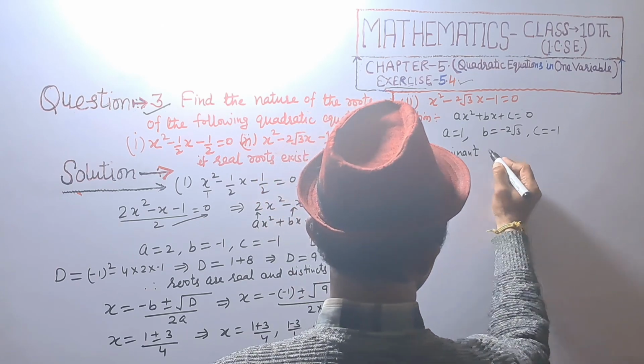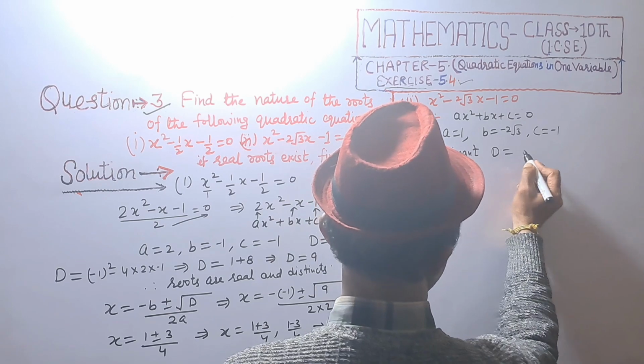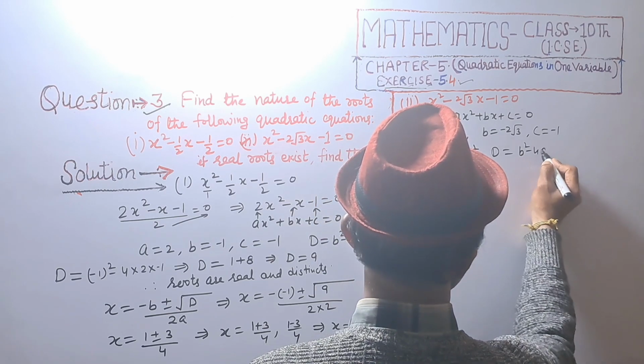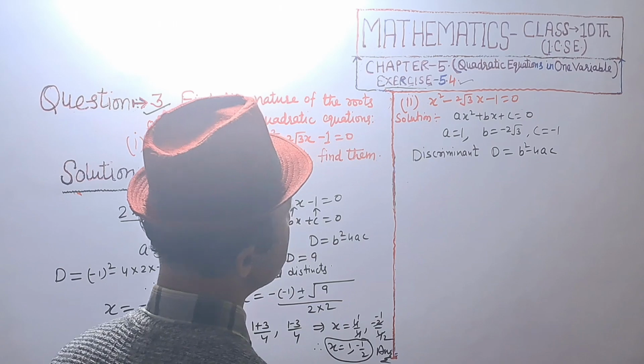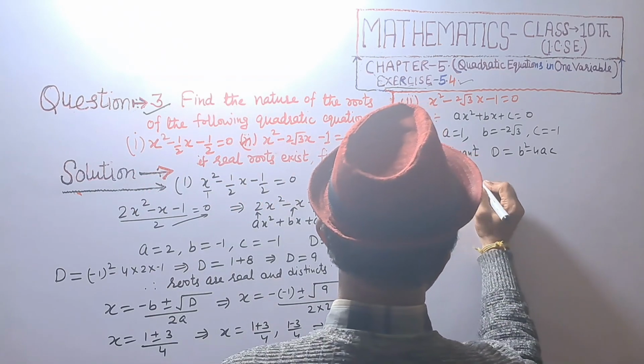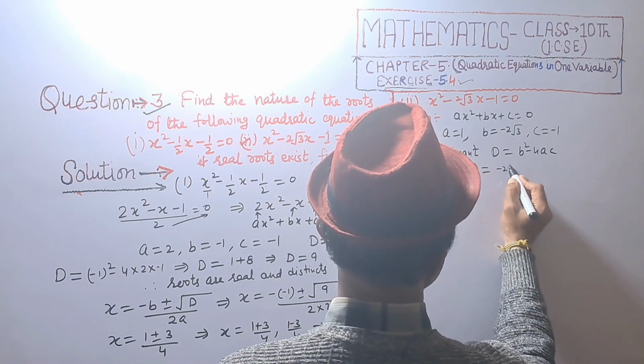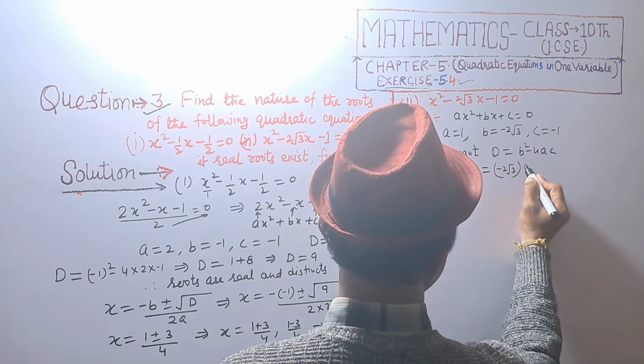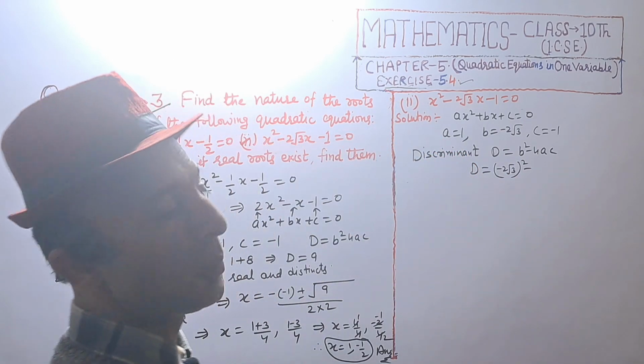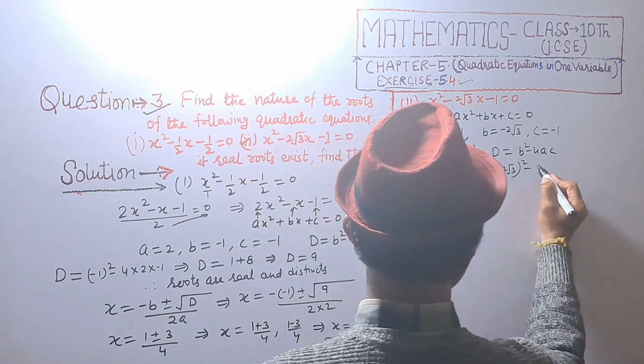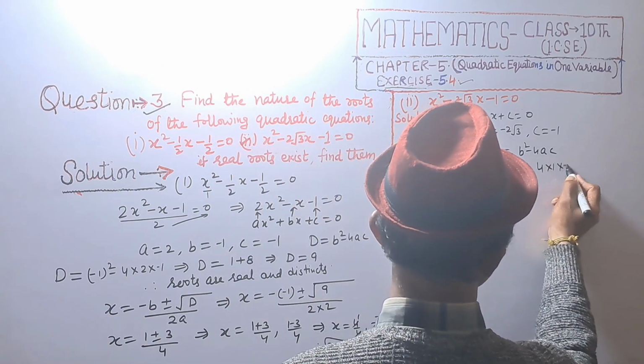Discriminant D is equal to b^2 - 4ac. D is equal to (-2 root 3)^2 - 4 into a is 1 and c is -1.